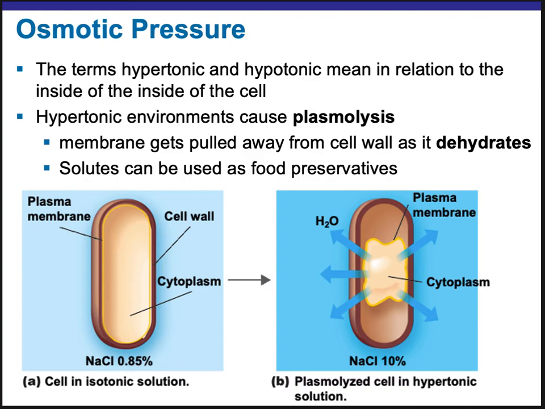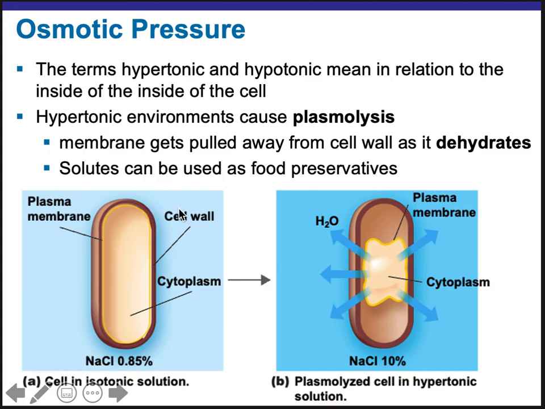Okay, so if you are using these terms hypertonic or hypotonic, you're talking about a solution. You're talking about how much solute, that could be sugar, it could be salt, anything, but how much solute is outside of the cell. Okay, so the terms hypertonic and hypotonic mean in relation to the inside of the cell.